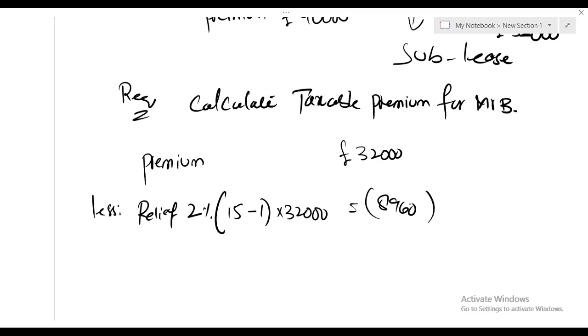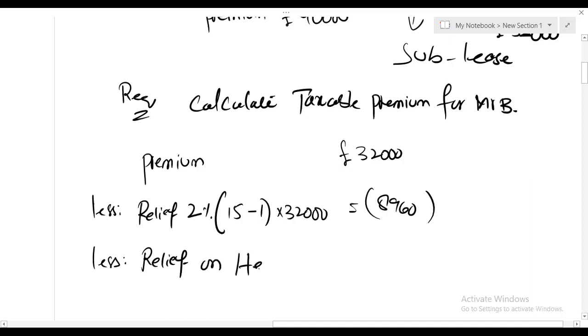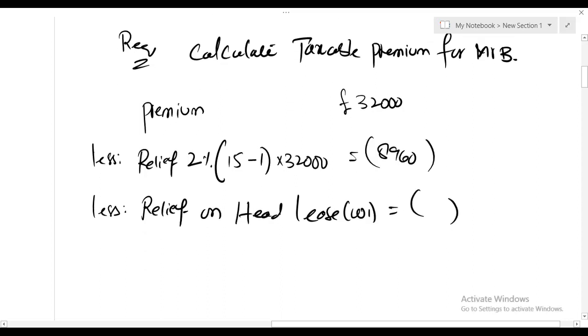After that, now listen carefully. You have to deduct one more relief, that is relief on head lease. For calculating this, we have to do a working. Why does the question arise of Mr. B getting relief on head lease as well?